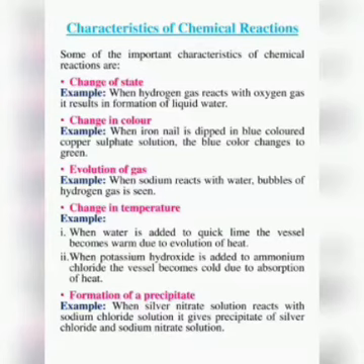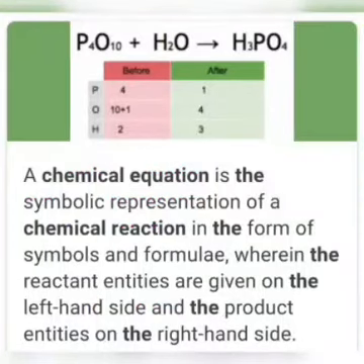Next, chemical equation. A chemical equation is defined as a shorthand notation of an actual chemical reaction in terms of symbols and formulae.